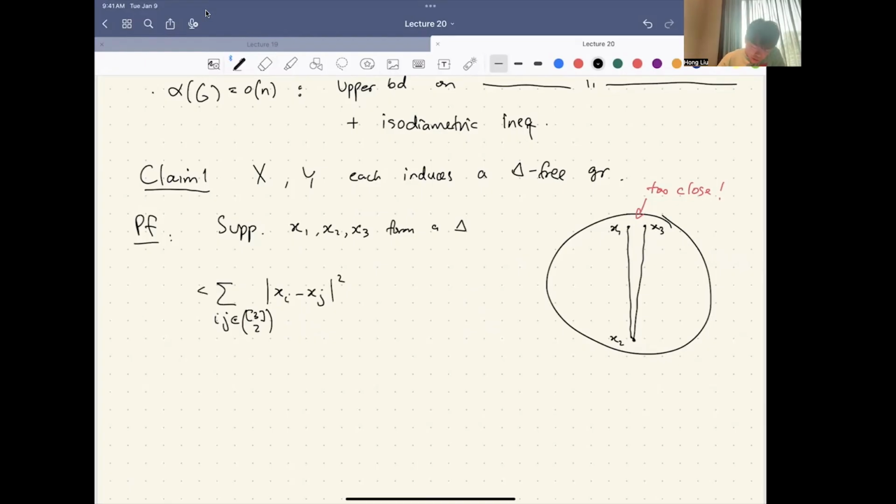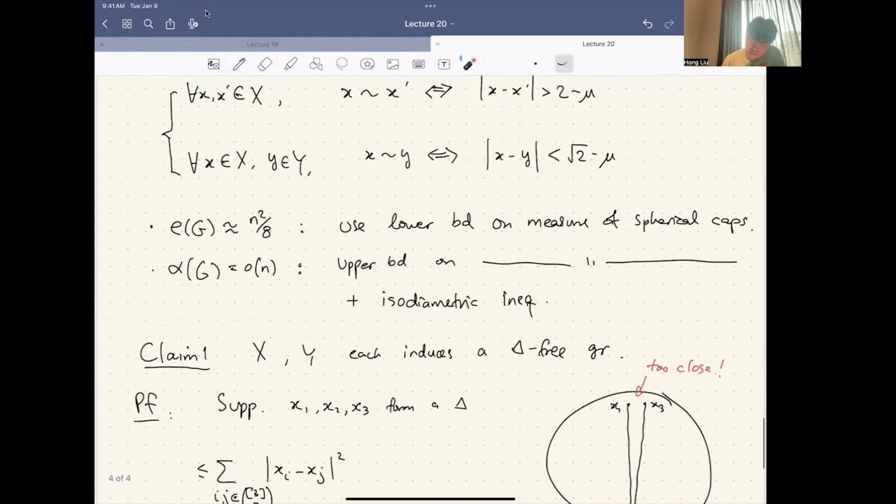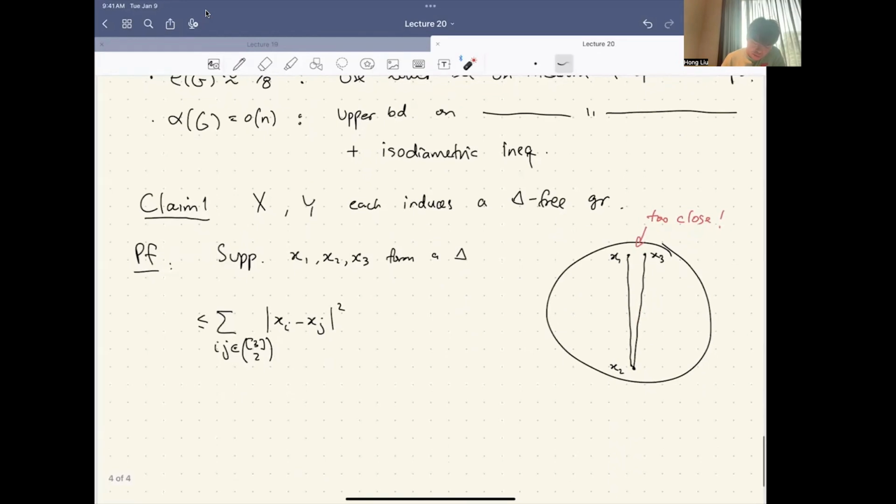What do we know? These are inner edges. That means 2 form an edge if the distance is bigger than 2 minus mu. So this is strictly bigger than 2 minus mu squared, and you have 3 of them. And as mu goes to 0, 3 times 4, this is almost 12, right?